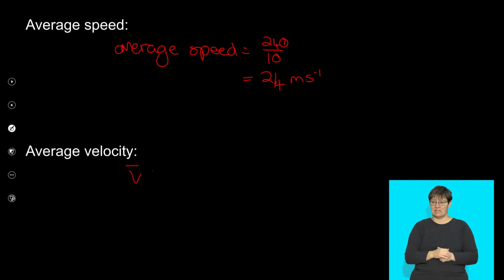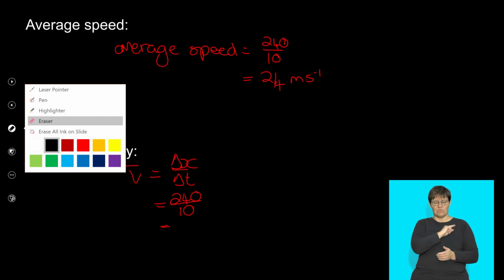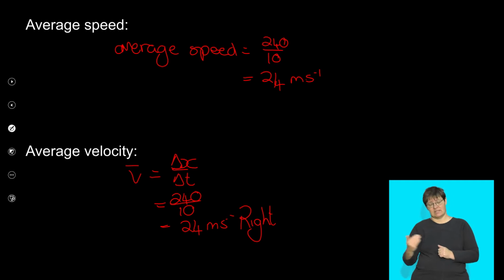My average velocity is going to be 240 divided by 10, that's 24. That's why you use a calculator. So that's 24 meters per second, right. Same value, one has direction, one doesn't.